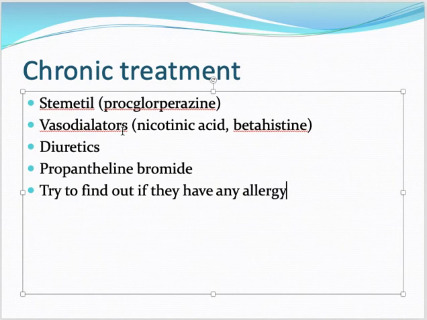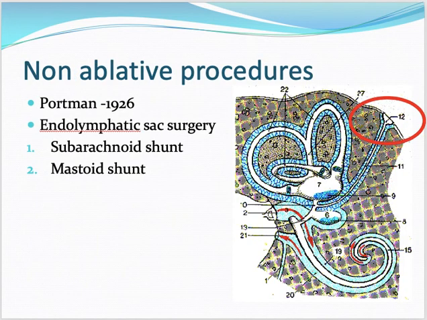These are all the things which we can do, but sometimes the condition cannot be treated even by this. Then we go for some destructive or surgical procedures. There are some non-ablative procedures, and then there are some ablative procedures which we can do.